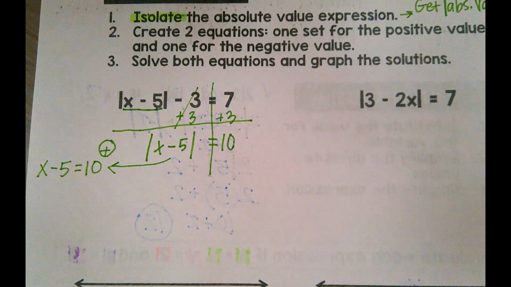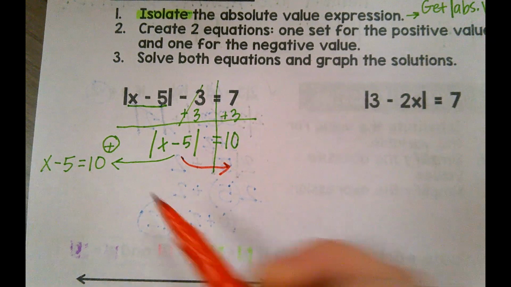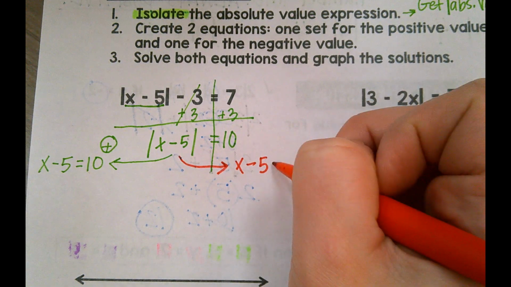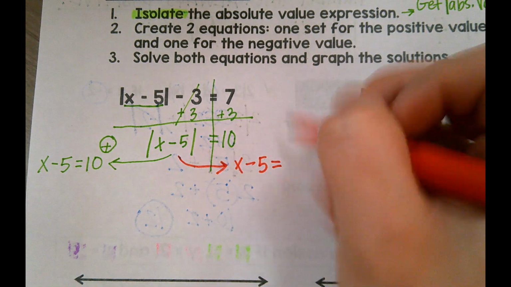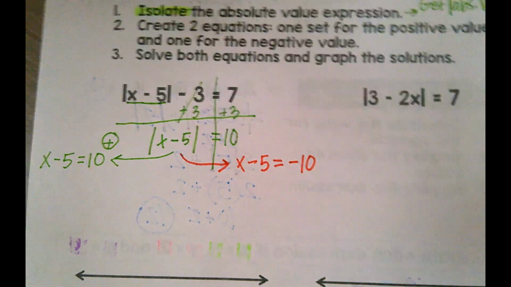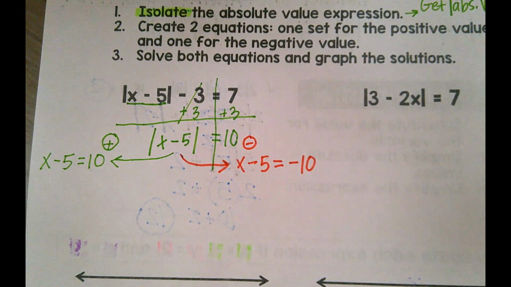My other equation, the negative one, I'm going to write x minus 5 again equals, we're going to change that to negative 10. I'll explain why here in a minute. For now, just follow. So we're changing the answer. Don't change anything on the absolute value side. We're changing the answer. One positive, one negative. So that was step 2.